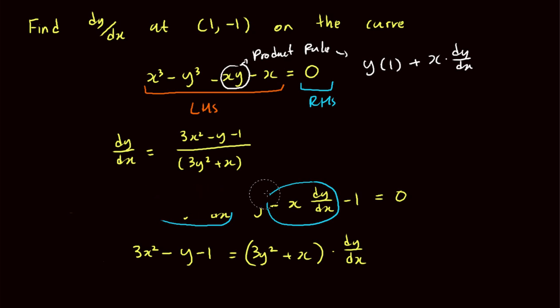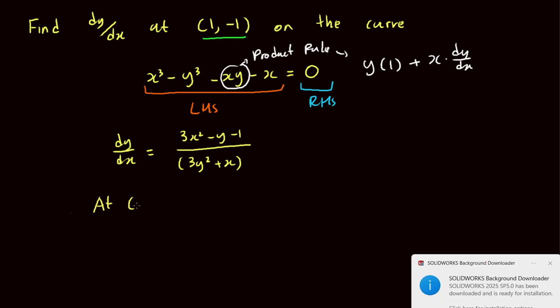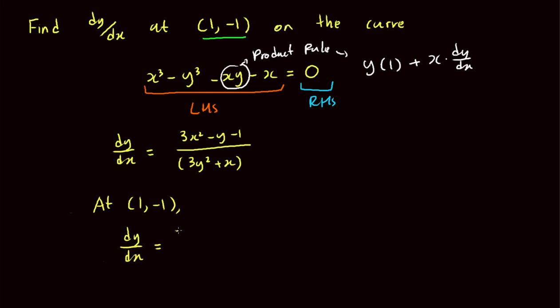Now we're still not done with the question because the question wants us to find the dy dx at these coordinate points 1 and negative 1. So at 1 and negative 1, it's very simple. We just simply substitute the values. So dy dx is just 3 times 1 squared minus negative 1 minus 1 over 3 times negative 1 squared plus 1.